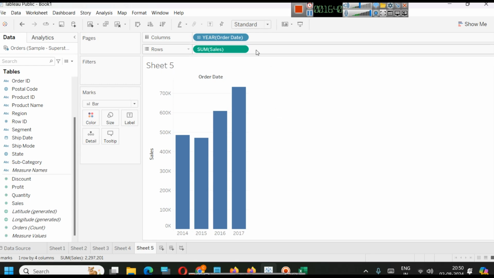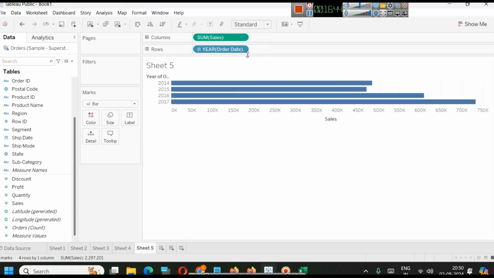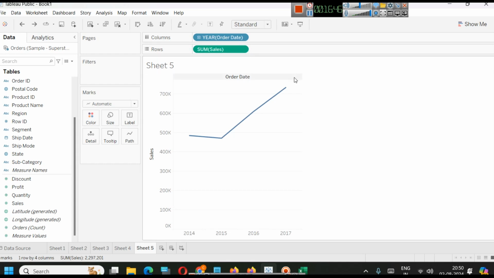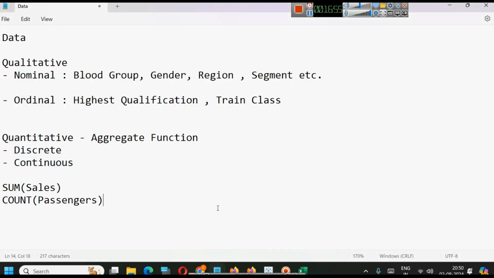Right now, when I created this graph, by default it created a line graph. So when you have to create a line graph, now let's come to line graph.